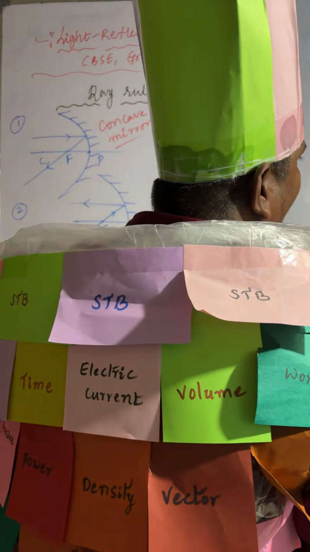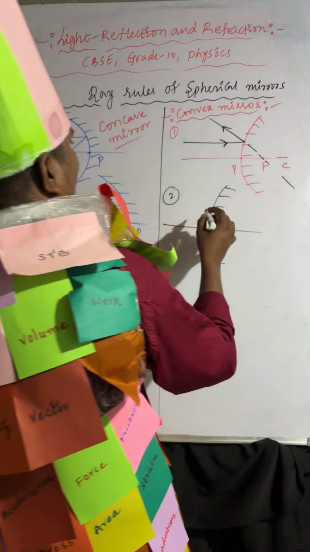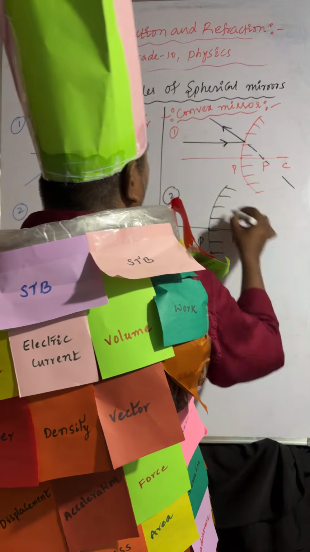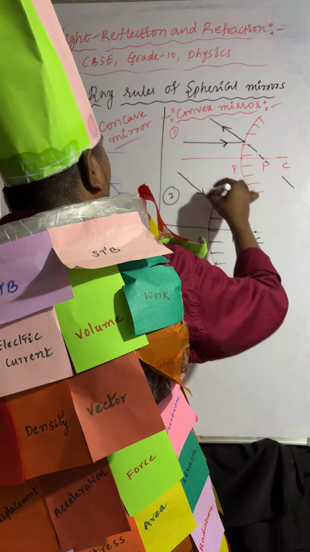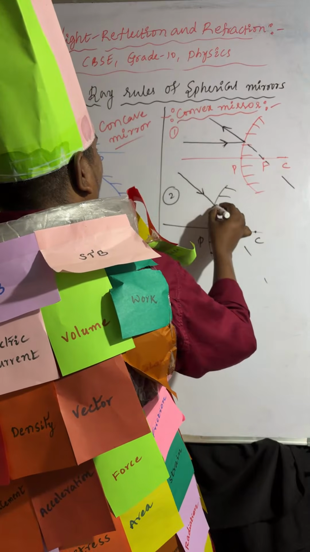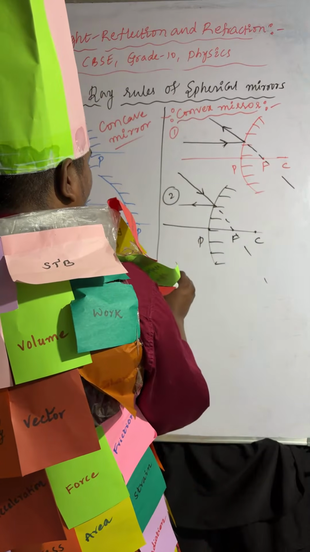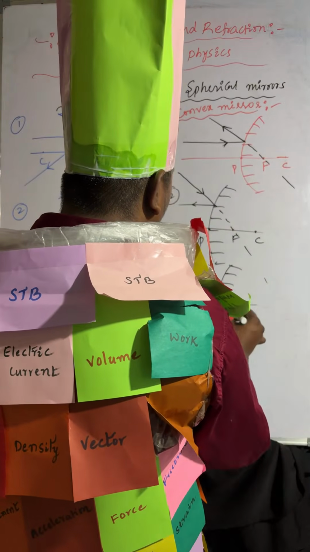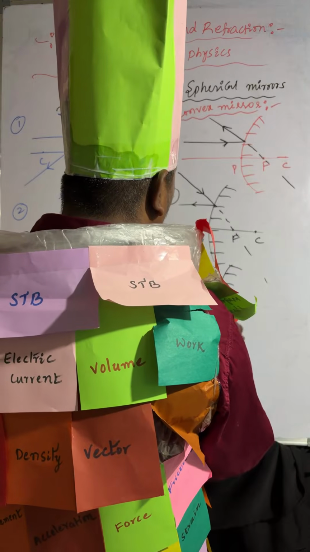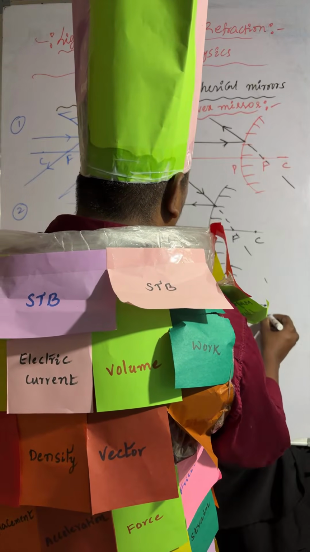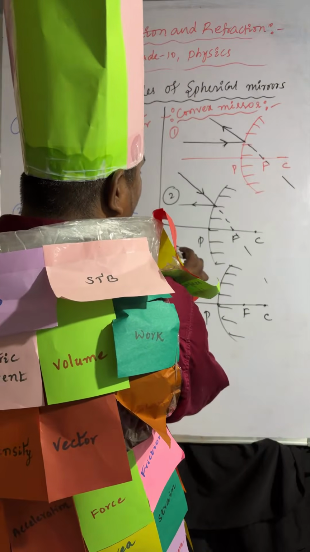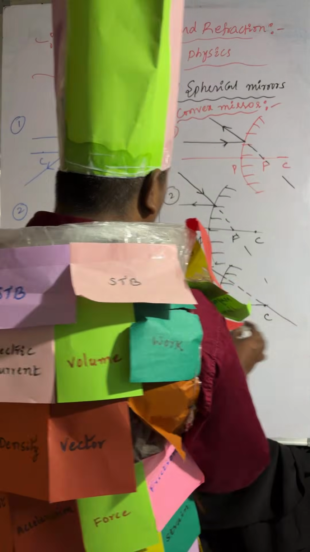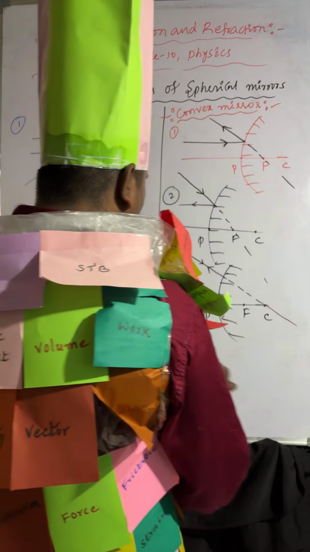Now, a light ray directed towards the focus, after reflection, moves towards infinity. Coming to the third one, observe the pole, focus, and center of curvature. A light ray directed through the center of curvature, after reflection, moves in the same direction.